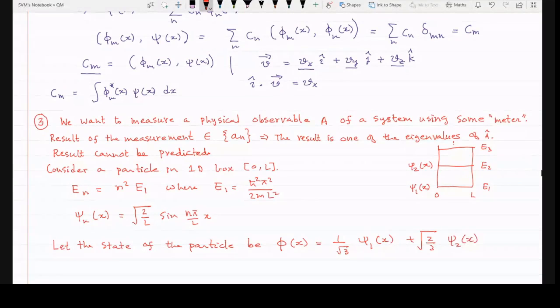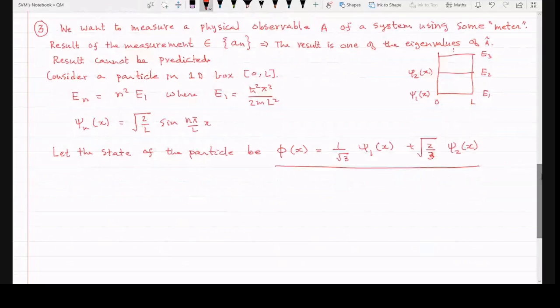Suppose this is a legitimate state. Okay, this is a valid state. Suppose the particle is in this state. Okay. Now what happens if you measure the energy? Okay, so now let's say you measure energy.